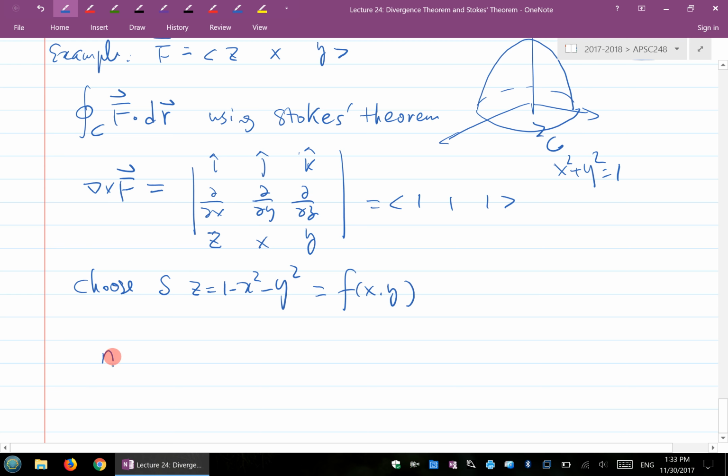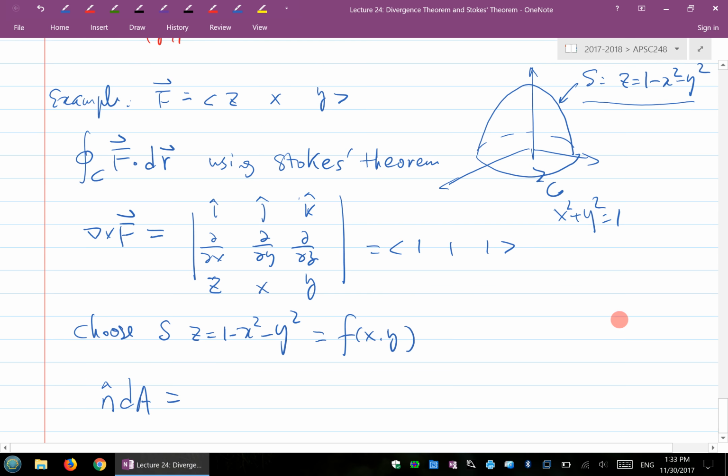Then you can use the formula for n hat dA for that type of surface. But of course, you have to orient your n hat to be compatible with this C. Using your right hand rule, your n hat will be this direction, giving a counterclockwise curve C. And basically it's the upward direction, right?